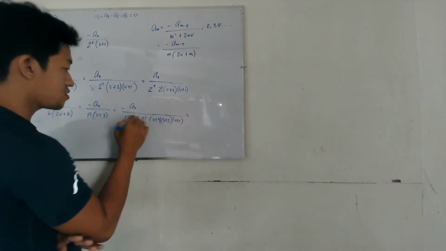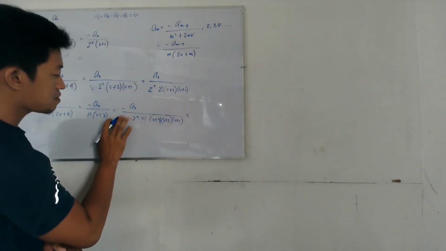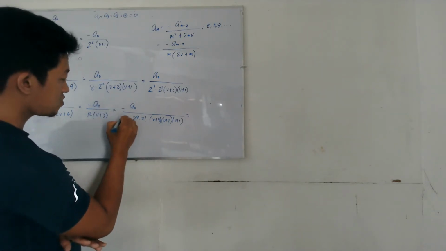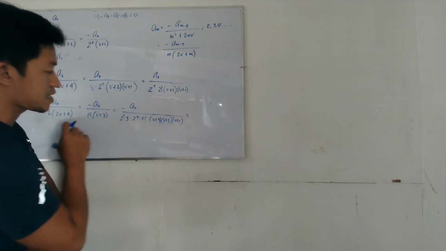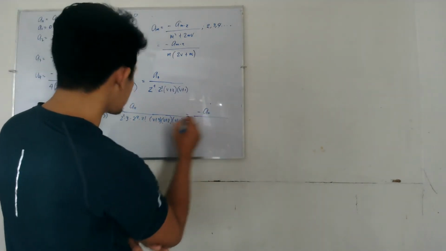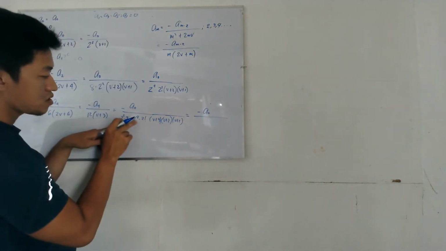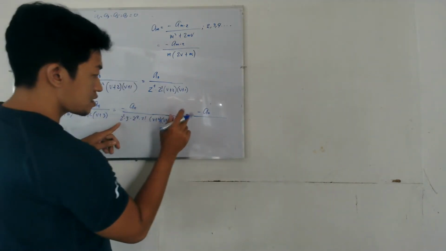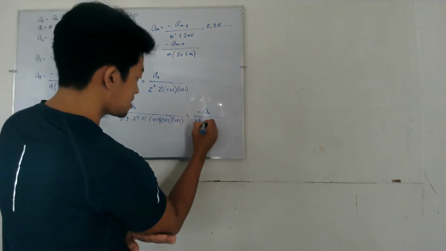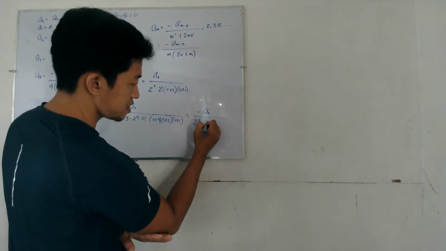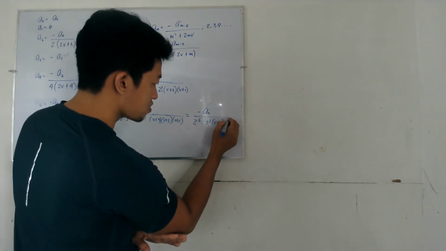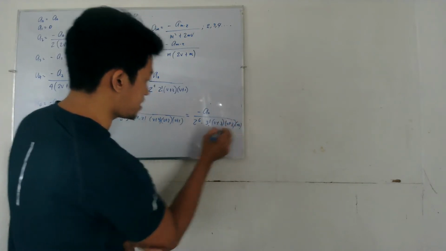This is just equal to, the 12 is 4 times 3. The 4 is 2 squared times 3. Right? So, this becomes negative A0 over 2 to the 4 times 2 to the 2 is 2 to the 6, times 3 times 2 factorial is 3 factorial, b plus 3, b plus 2, b plus 1.